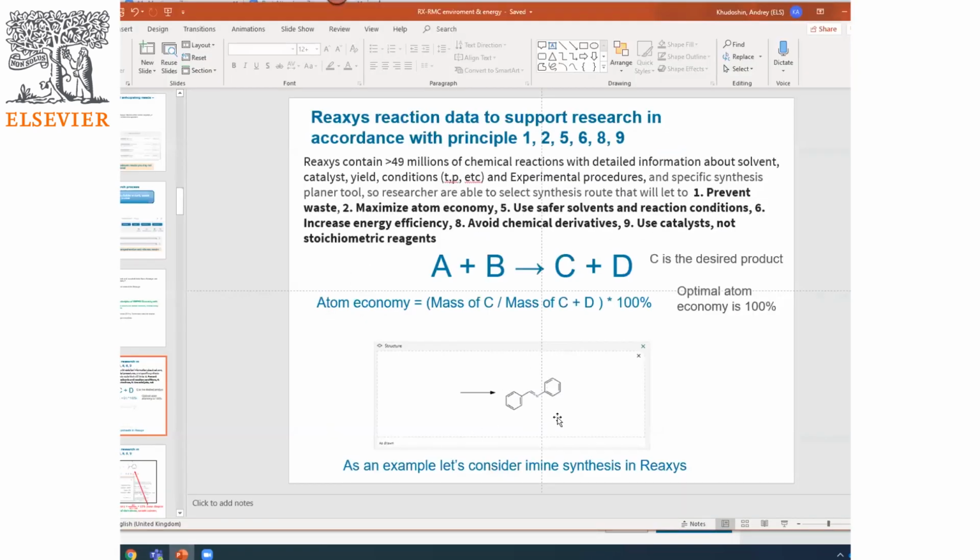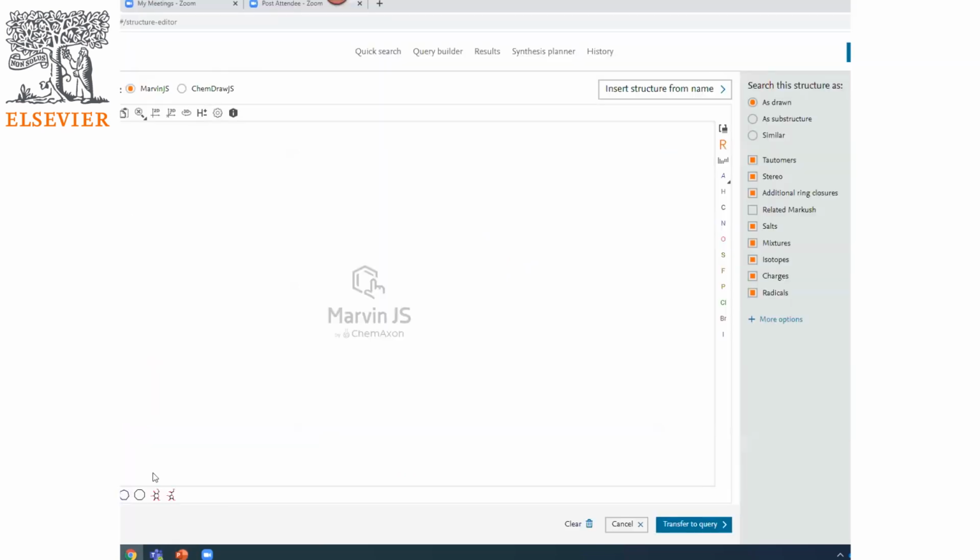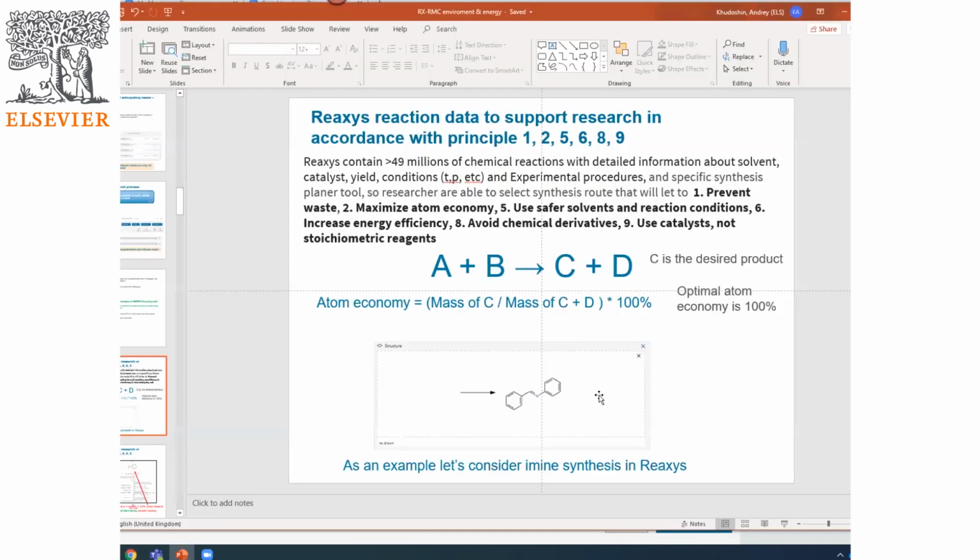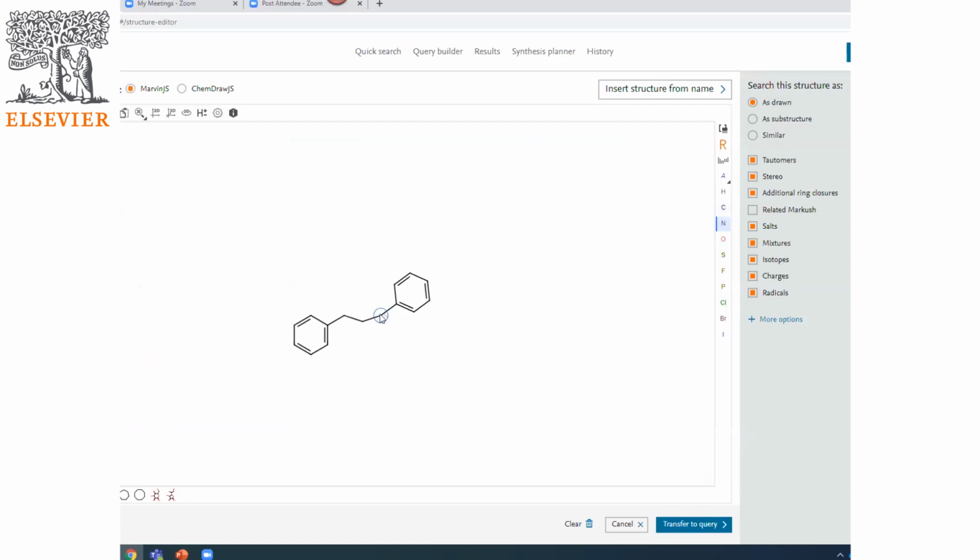In our case it is this one. You can add the chain. You can add a second ring. After that, you can substitute carbon with nitrogen, and also you can add a double bond over there. So now we have an imine.